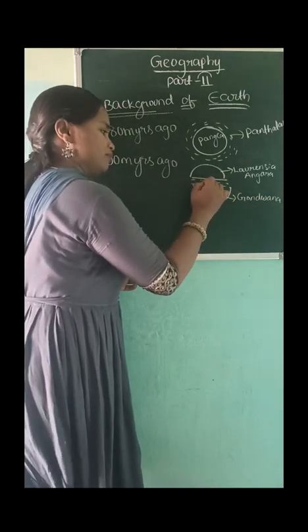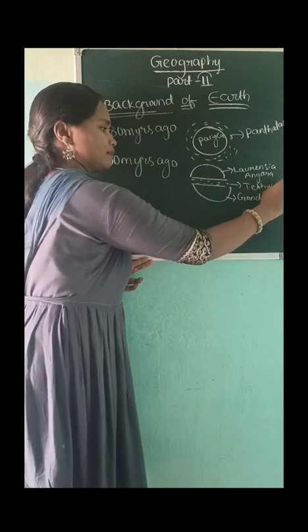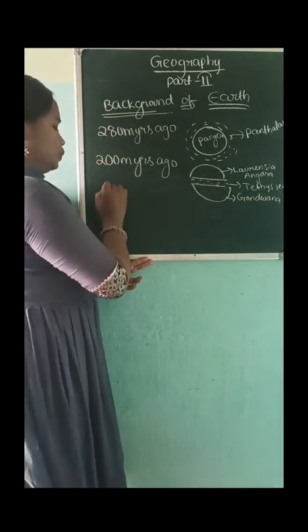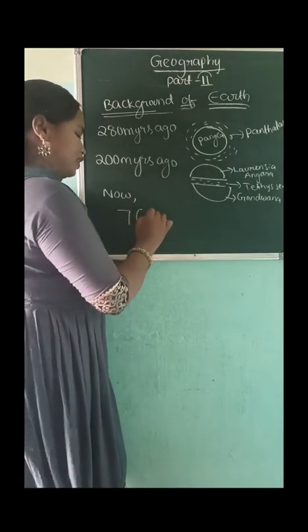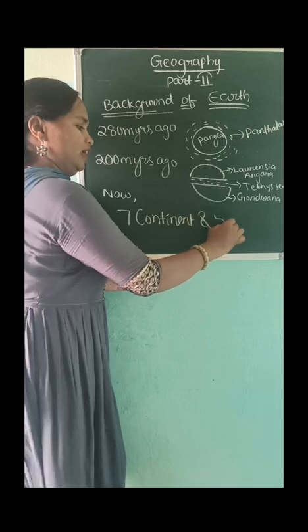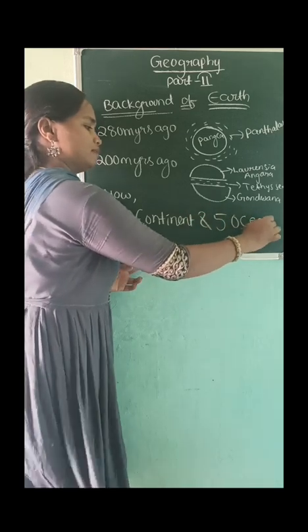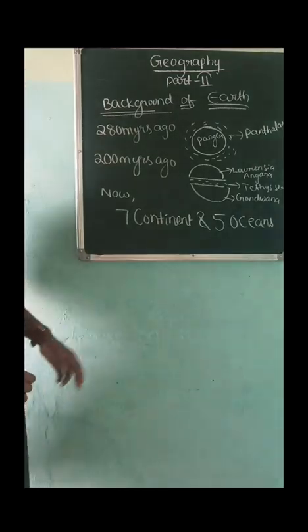In between them, there is a water body called Tethys Sea. Now, all of us know there are 7 continents and 5 oceans.